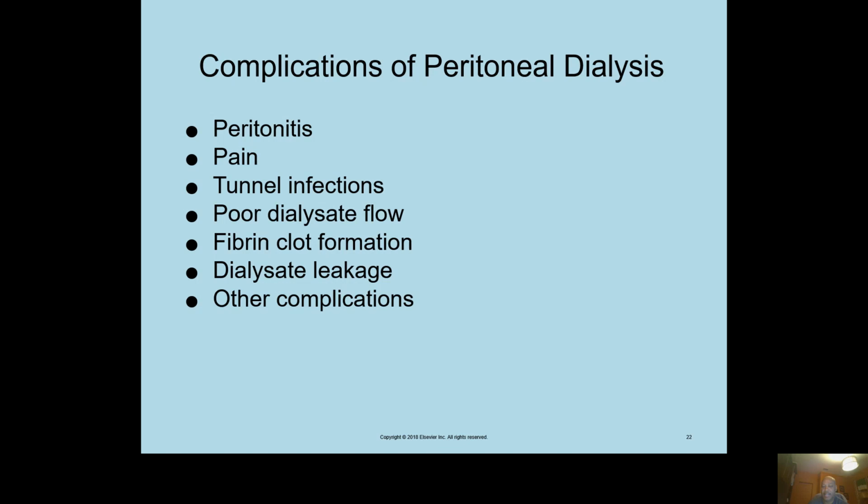As far as dialysate leakage, this occurs mostly with obese patients, diabetics, older patients, and patients on long-term steroid use. It may take 1 to 2 weeks before they can tolerate a full 2-liter exchange, so you sometimes have to limit the amount of dialysate they receive before they can tolerate it.